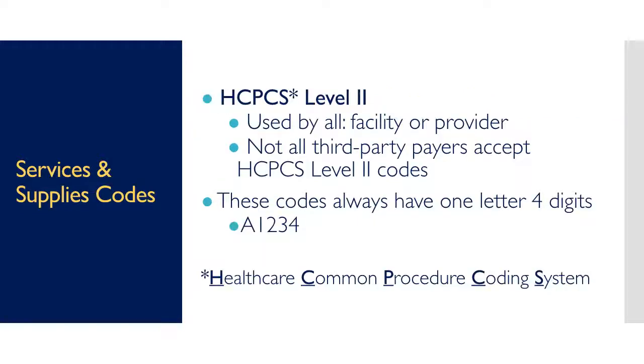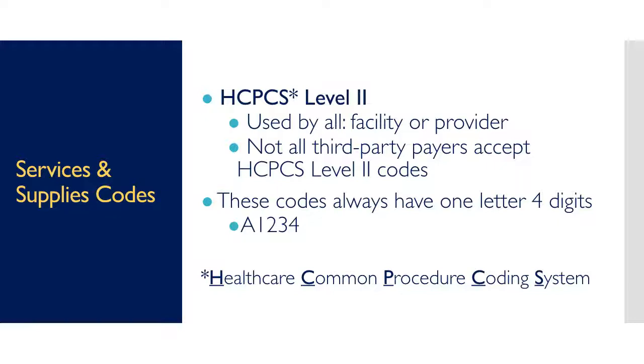HCPCS Level 2, which stands for Healthcare Common Procedure Coding System Level 2, are codes that I like to refer to as the what else codes. What else that's not reportable out of CPT was provided to this patient during this encounter.